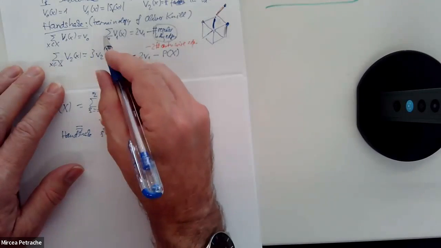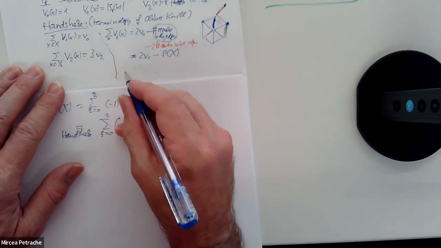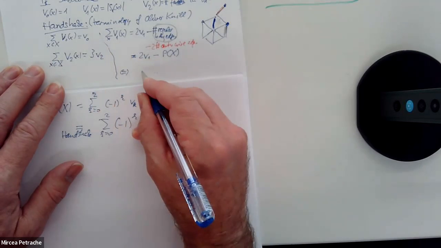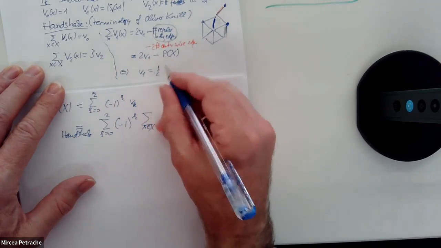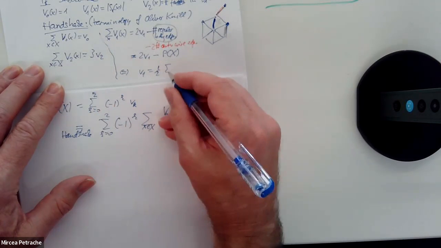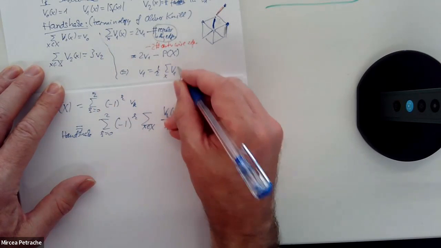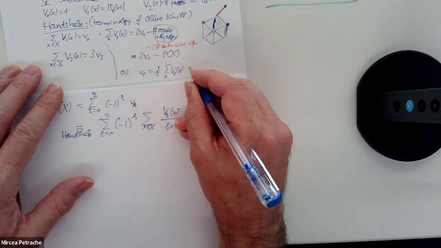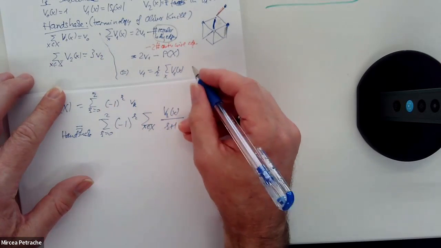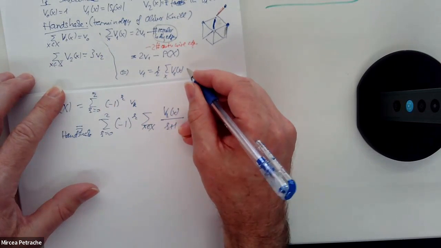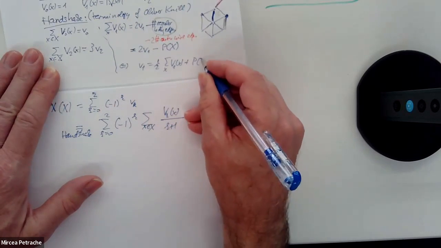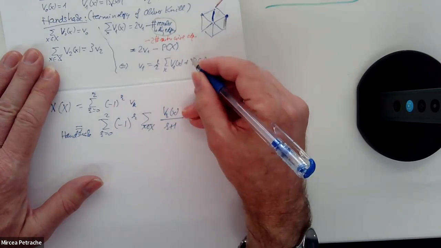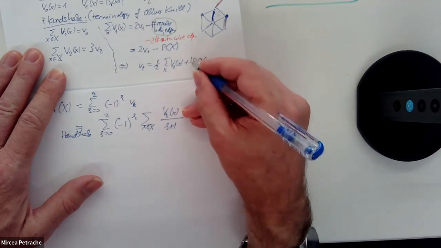So for the second one here, let's solve this for v1. So v1 is basically a half sum over x of v1 of x, but we get plus p of x. Okay, so we get an extra term with also a half.